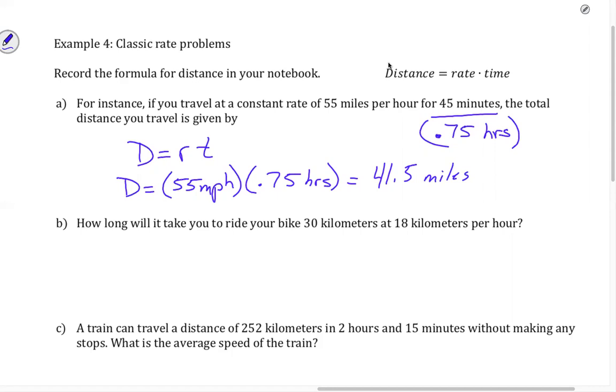Did I get that right, Cody? 41.25. Oh, close enough. Doesn't count. We're not playing horseshoes here. Unreal. Should stick to my day job and be a cop.